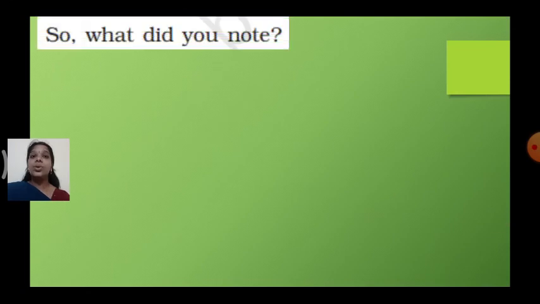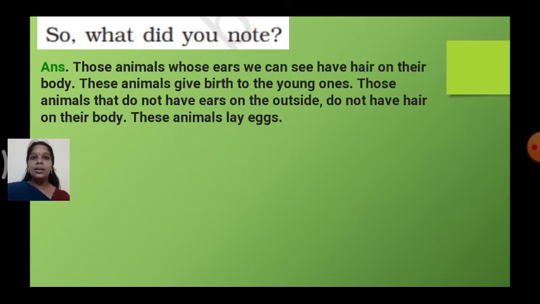Next, what did you note from finishing the circle and underline? What did you note from the table? Those animals whose ears we can see have hair on their body. These animals give birth to young ones.